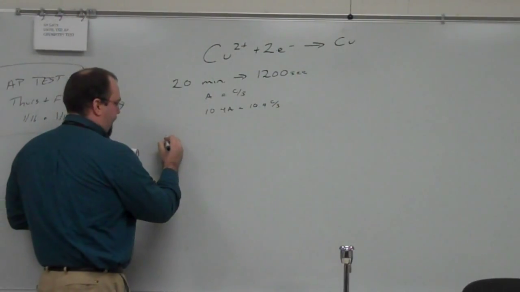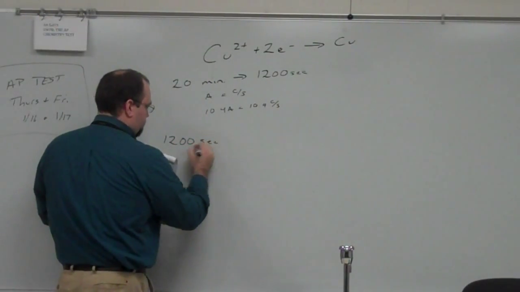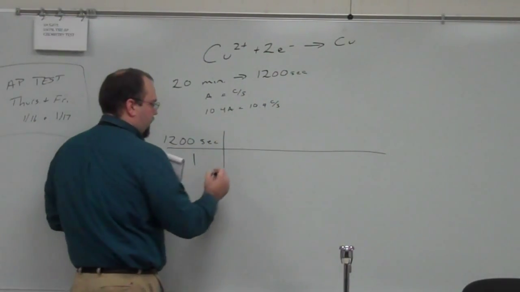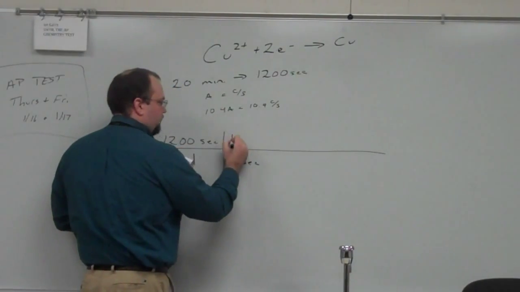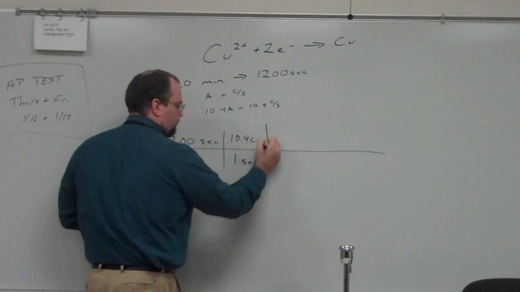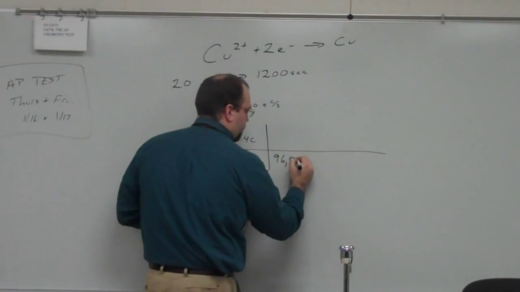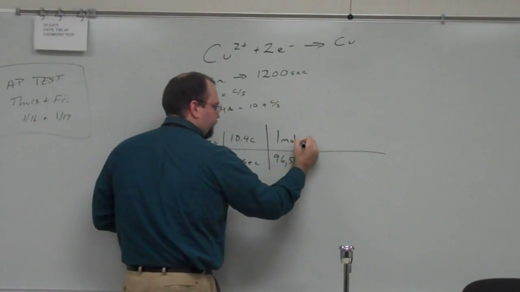So let's try that out. I start with 1200 seconds. I know that in every 1 second, I have 10.4 coulombs. I also know that 96,500 coulombs equals 1 mole of electrons.